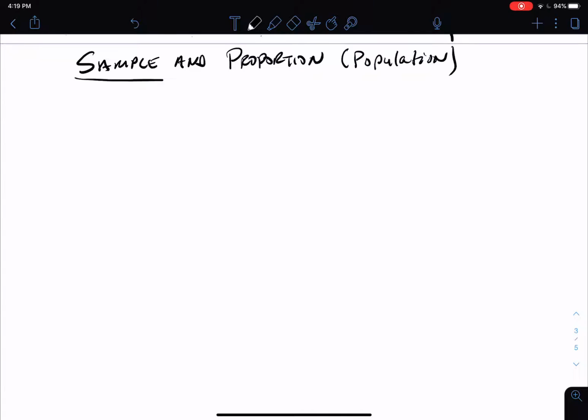First of all, when you see P in this section, or P in statistics, this is the population proportion.